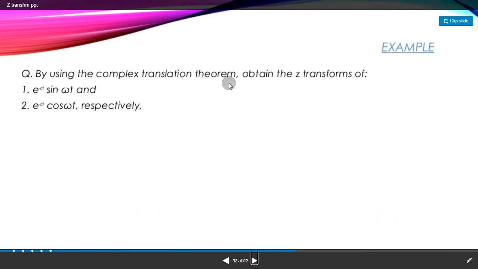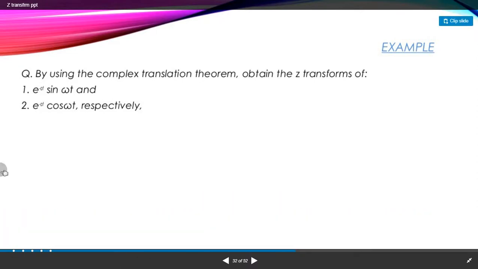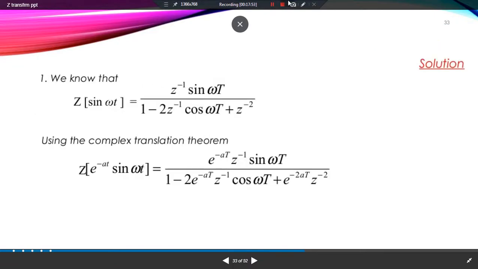By using the complex translation theorem, obtain the z transform of e to the power minus at sin omega t and e to the power minus at cos omega t respectively. Now we know that the z transform of sin omega t is equal to z to the power minus 1 sin omega T by 1 minus 2 z to the power minus 1 cos omega T plus z to the power minus 2.